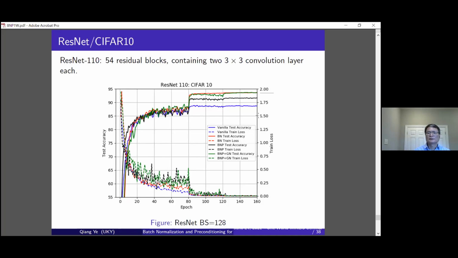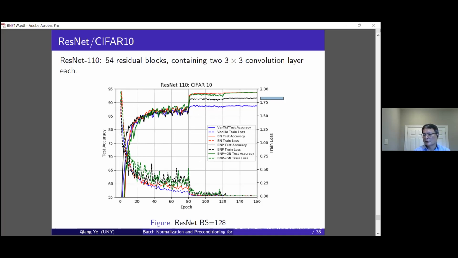You can see there's a very big jump at the learning rate decay for the BN network at the 80th epoch. The black line is BNP alone. Initially you can see we're doing better than BN, so we have very nice initial acceleration, but it does not perform as well as BN at the learning rate decay.